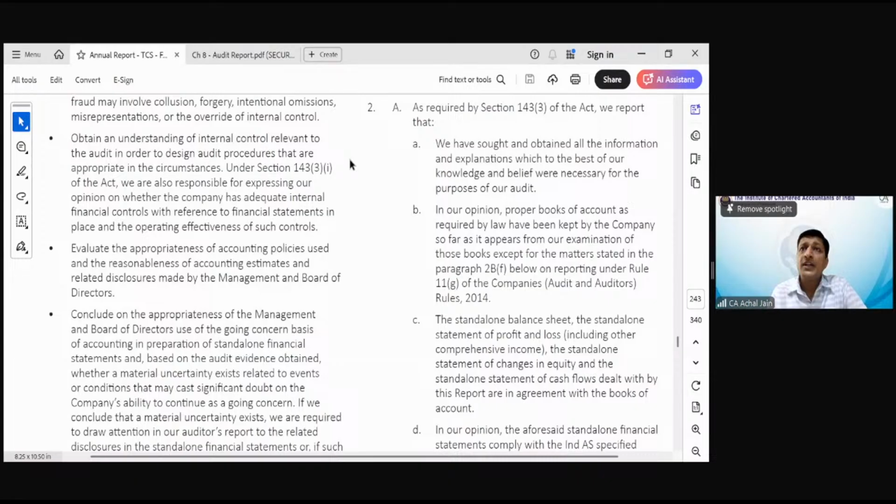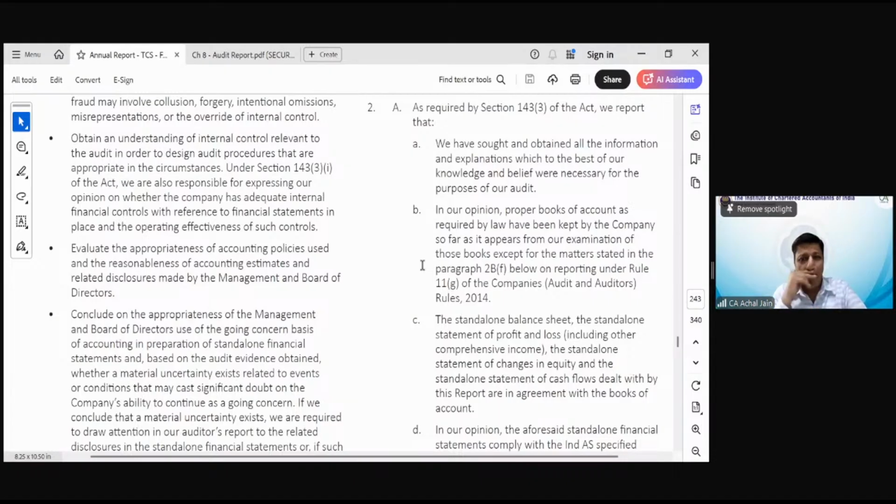Next, the auditor says, in our opinion, proper books of accounts as required by law have been kept by the company so far as it appears from our examination of those books, except for the matters stated in para 2(B)(f) below on the reporting under Rule 11(g) of the Companies (Audit and Auditors) Rules. So this is 2A, and when you go to 2B, point F, there is one exception to this. We'll look at that in that particular point.